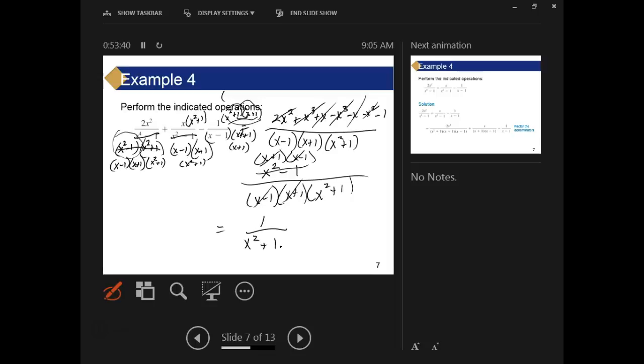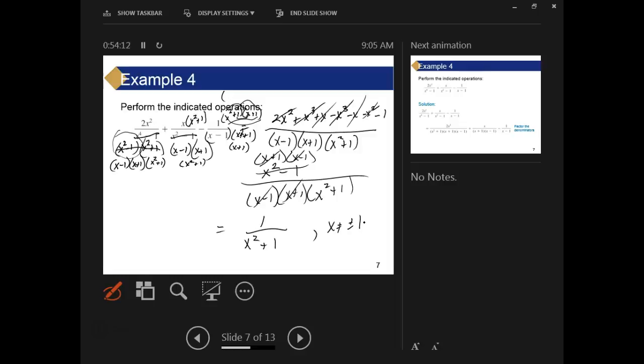Whatever you put in for x, you square it, it's positive, you add 1 to it, it's still positive. So that can never produce a 0. But again, x plus 1 and x minus 1, those have to be excluded. So we really should write those down. X is not equal to plus or minus 1, okay?